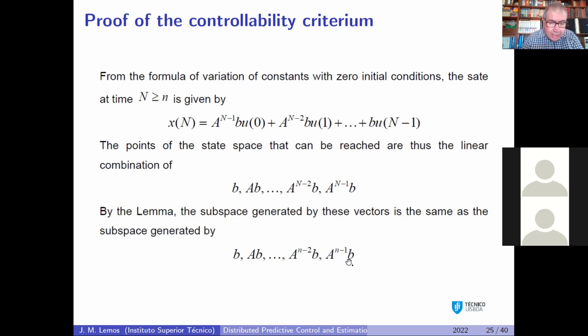If these vectors are linearly independent, the rank of the controllability matrix will be n, because the definition of the rank of the controllability matrix is the number of independent vectors that you find here. And you will be able to solve this equation with capital N equal to n, whatever the value of x that you place here. So you will be able to start from 0 and reach any point.